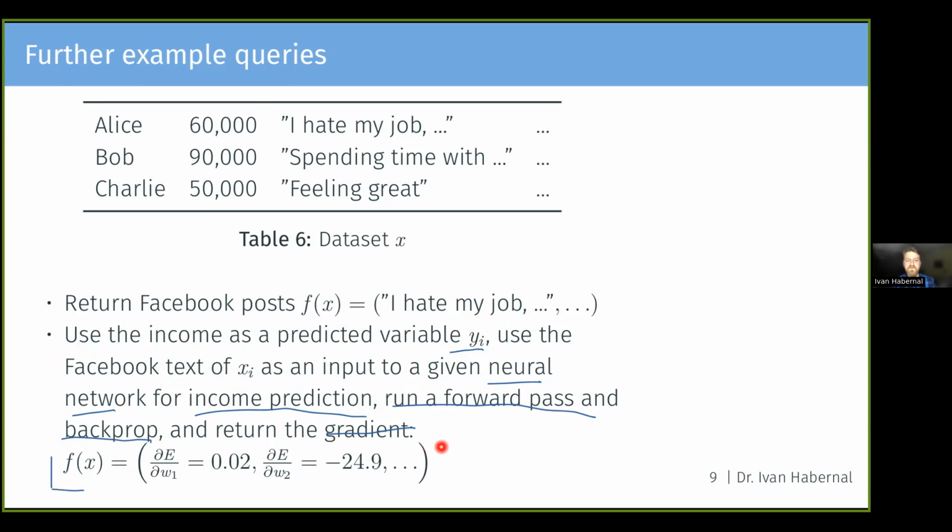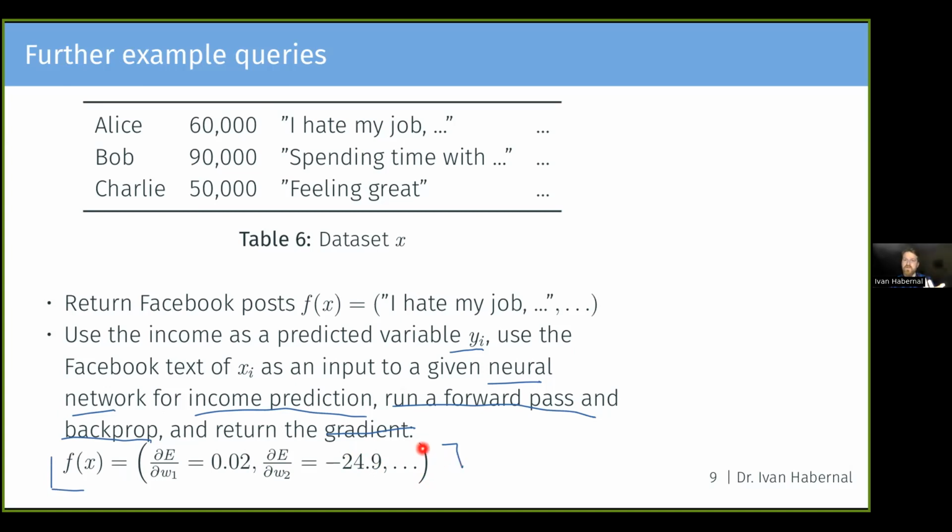So basically the query is giving us the gradient, and it also is a query. And as we will see later, this type of query, where we want some information from the data, will help us to protect privacy of individuals during training with stochastic gradient descent, basically. So this is also a query.